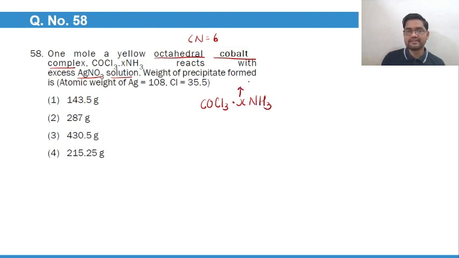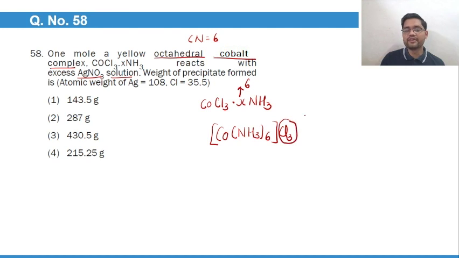This x is 6 and this complex can be written as cobalt, NH3 6 times and Cl3.